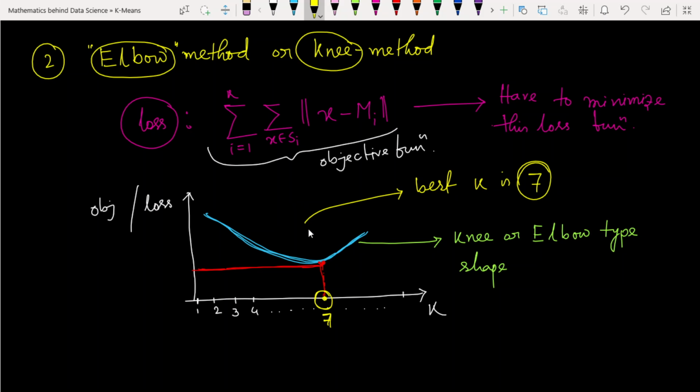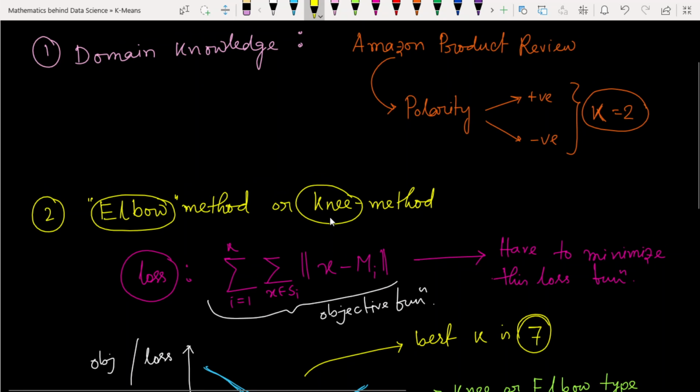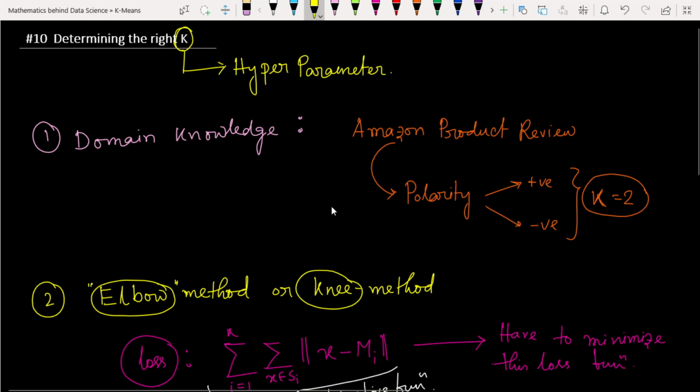This is one technique, which we have already seen in cross validation. Mainly there are these two things. If you have some domain knowledge and already know what kind of clusters your dataset has, then we can conclude k from domain knowledge.